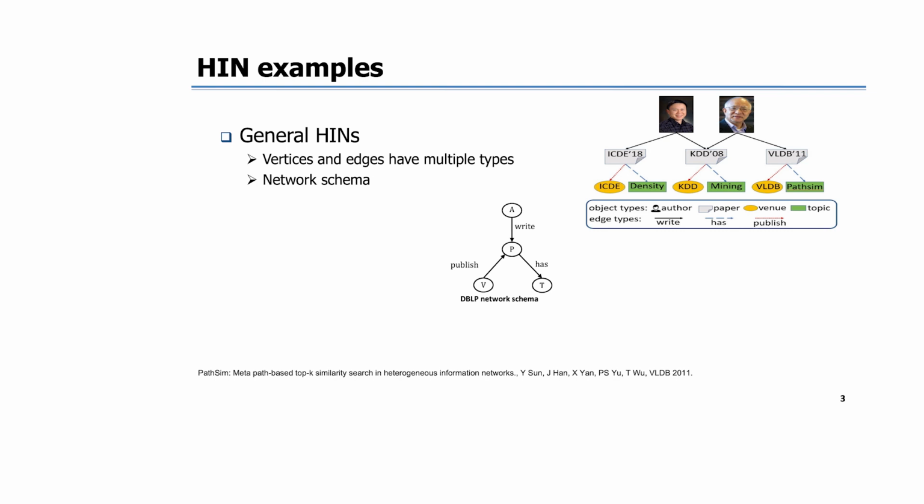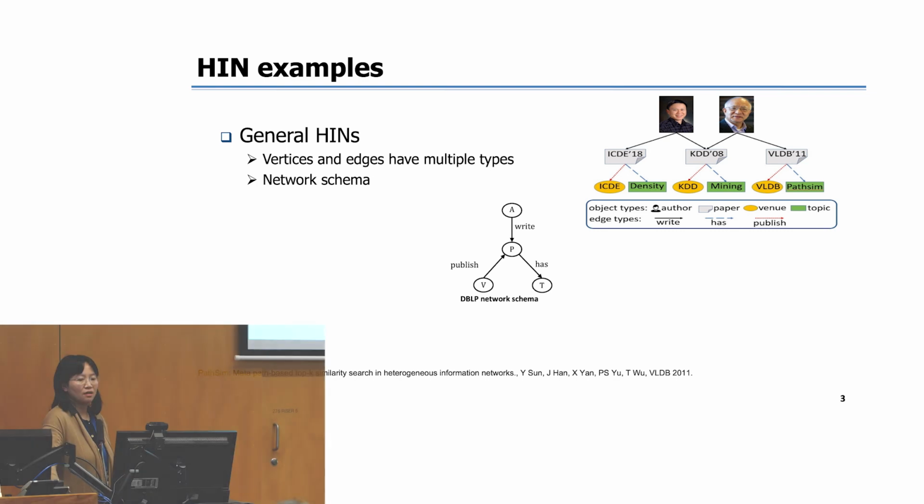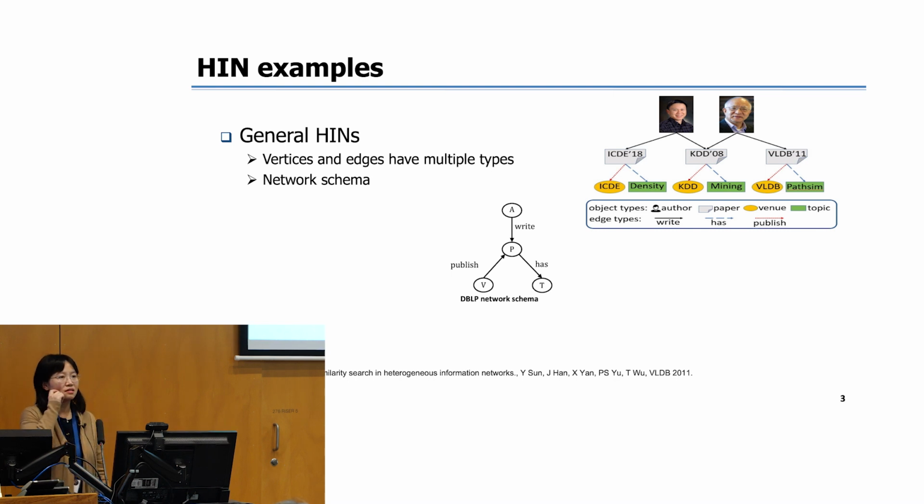So this is a typical HIN example. In this DBLP data, we have the author information, the venue information, the conference information, and the topic information. We have different object types, and also how we connect these different objects together.